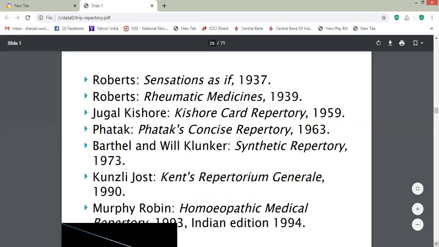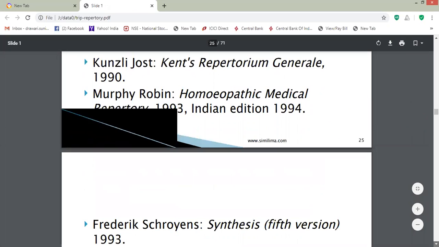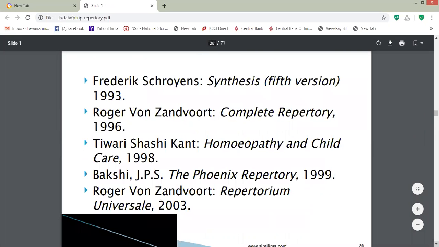Robin Murphy's Homeopathic Medical Repertory was published in 1993, and its Indian edition was published in 1994. Then Frederik Schroyens' Synthesis Repertory, its fifth version, was published in 1993. Then Roger van Zandvoort's Complete Repertory was published in 1996.